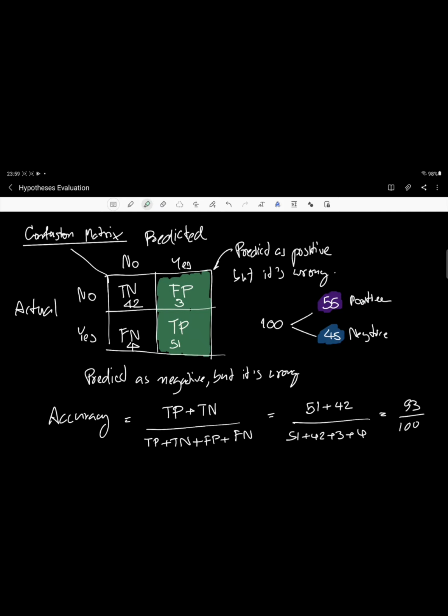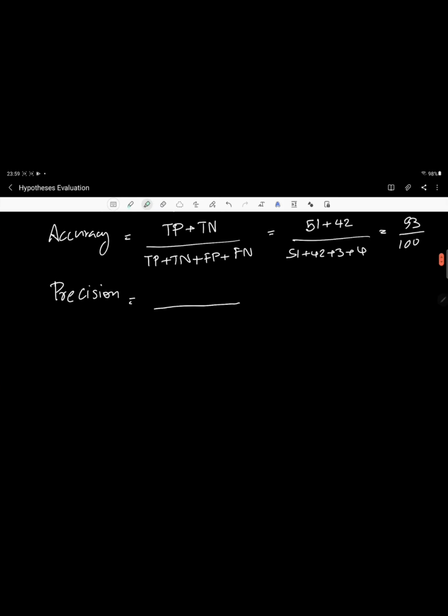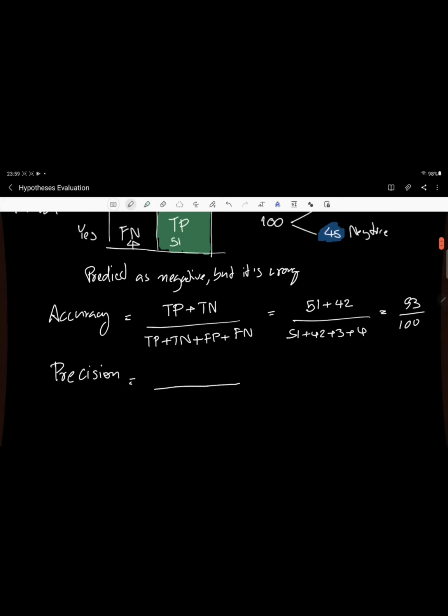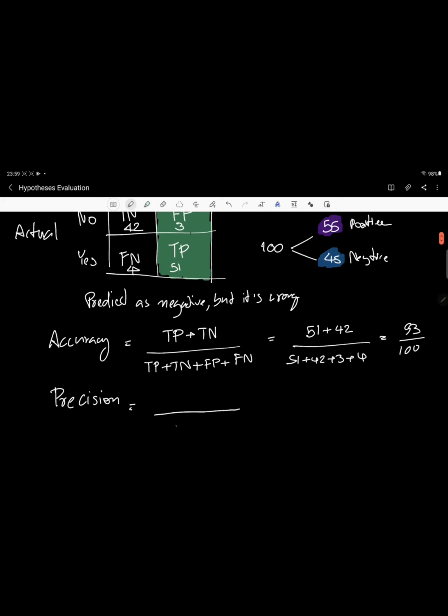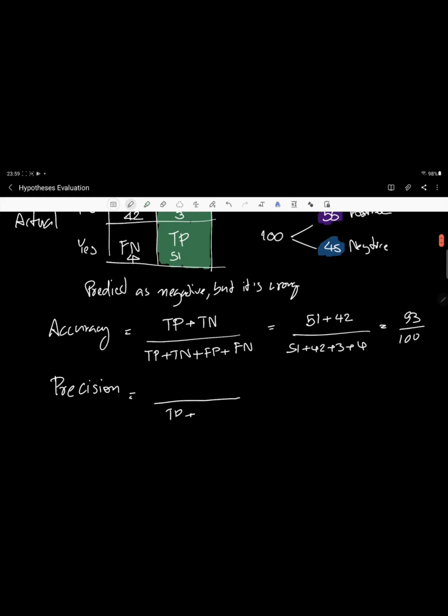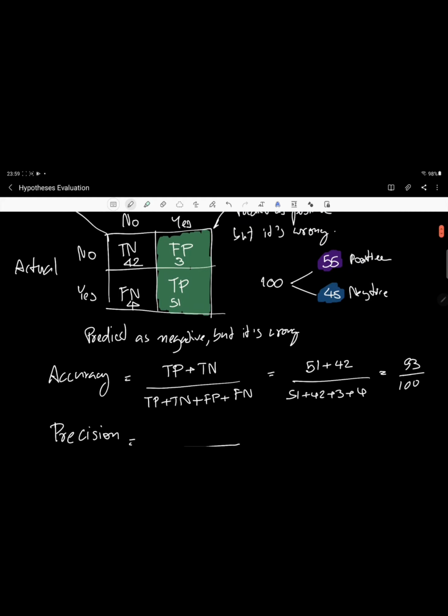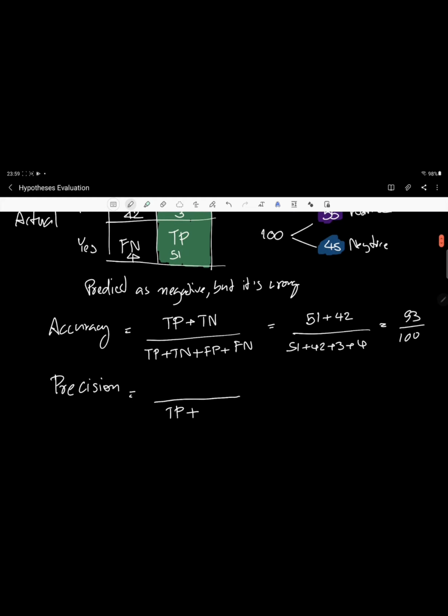So it will be 3 plus 51. So it is the true positive plus the false positive.